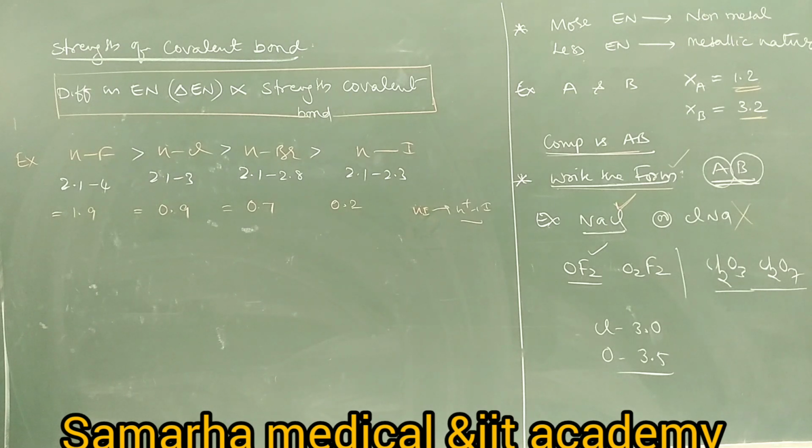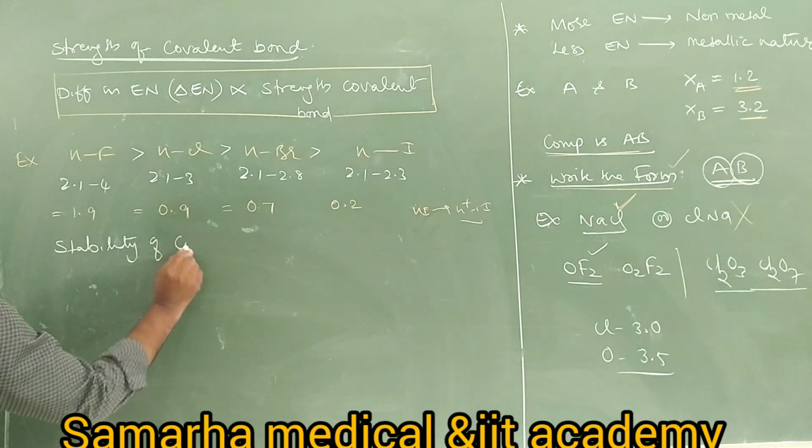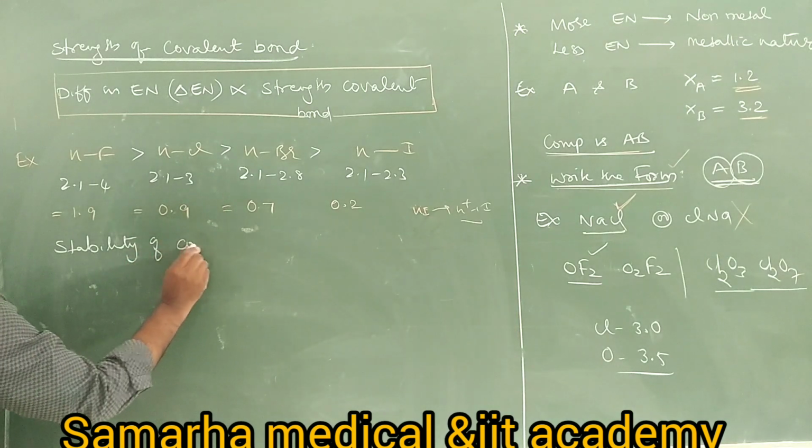Right? Next, the last application is to know the stability of the compound also. We can get the stability of a compound based on electronegativity values, that too for covalent compounds.